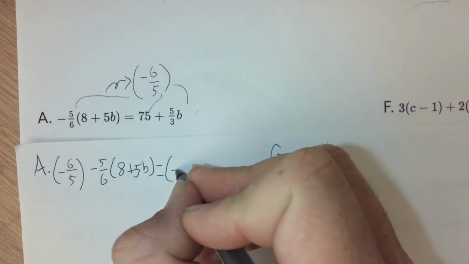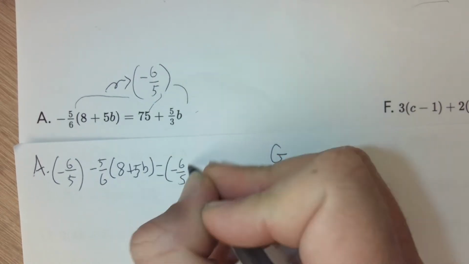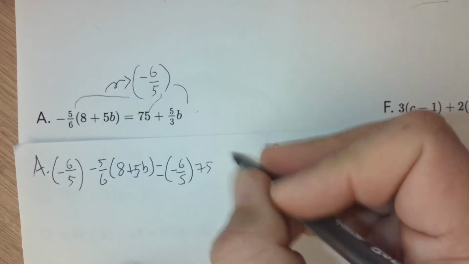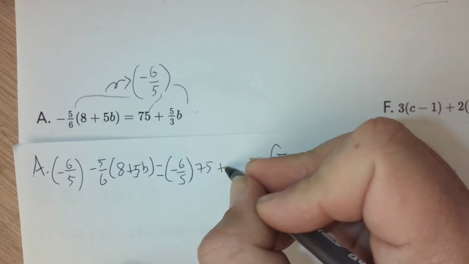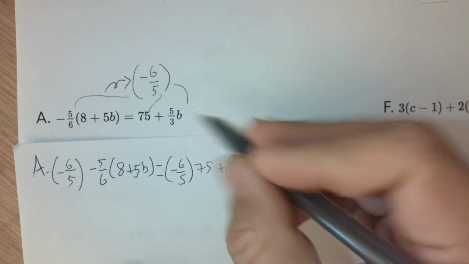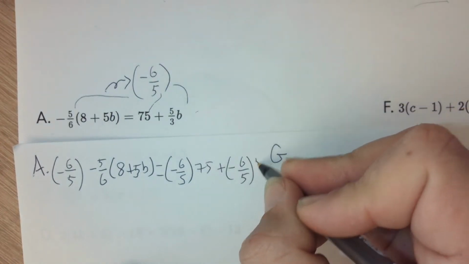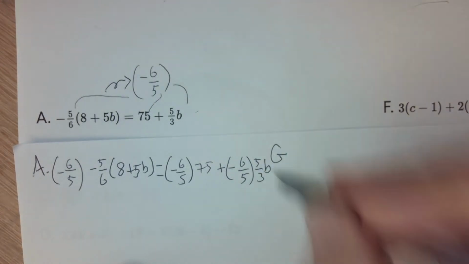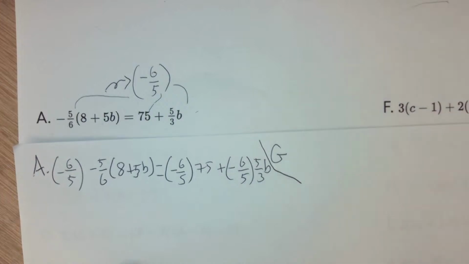So again, negative 6 fifths times 75. And finally, negative 6 fifths times 5 thirds b. I'm kind of running out of space there.